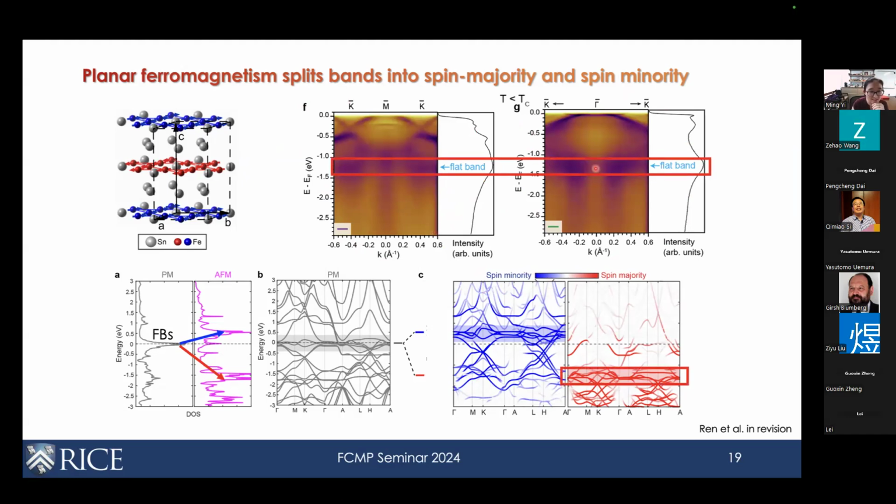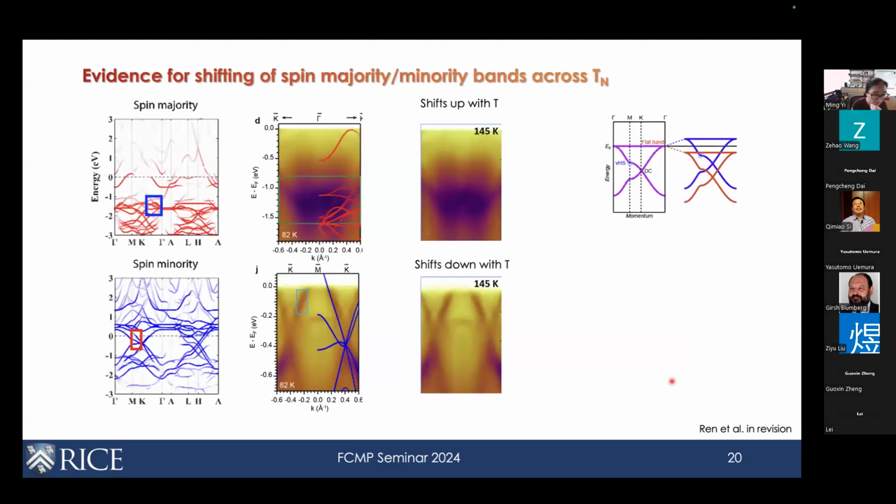And you can see that there's this peak in the density of states about 1 eV below the Fermi level. And this matches relatively well with the DFT calculation for where one should expect the flat bands in the spin majority states, right? So that means the DFT calculation for the exchange splitting should be roughly correct, at least comparable to what we observed experimentally. The next thing to do is to ramp temperature.